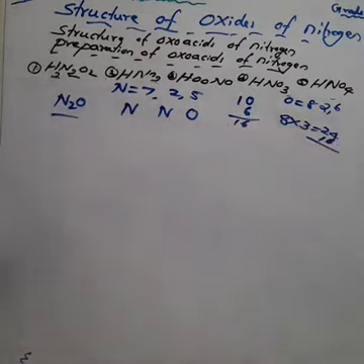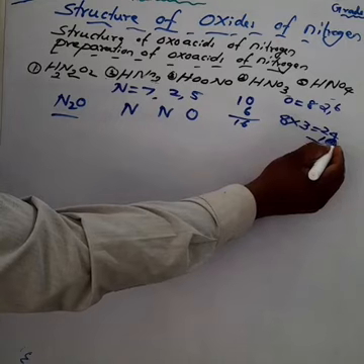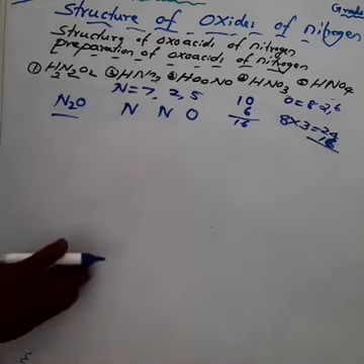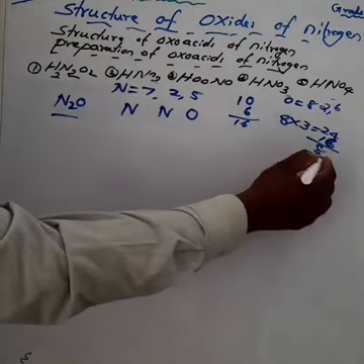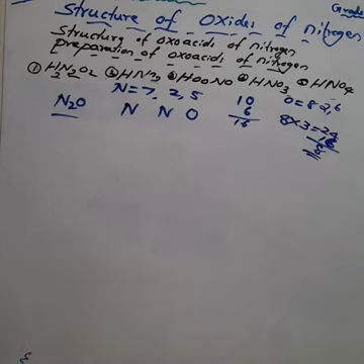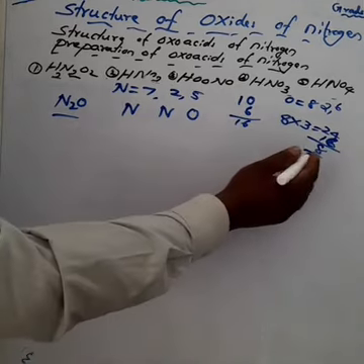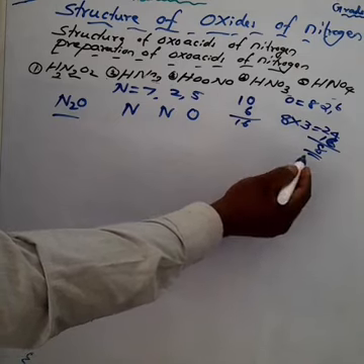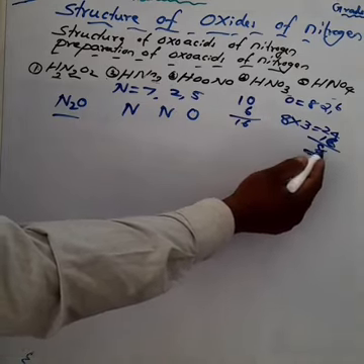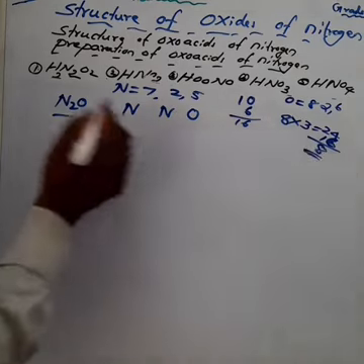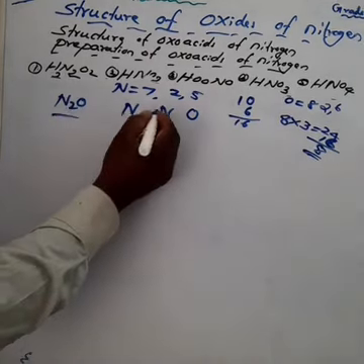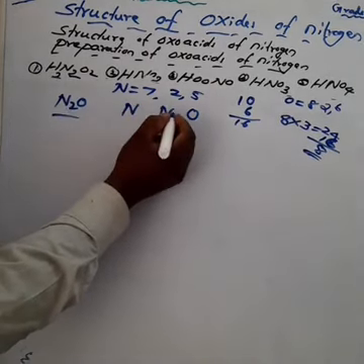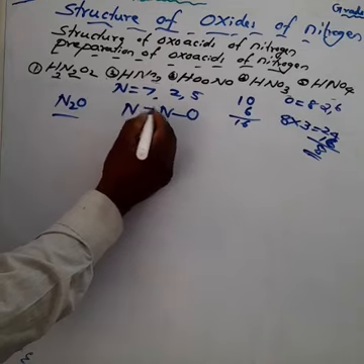So 24 minus 16 is equal to 8 electrons. Here 8 electrons means this is a shortage of electrons. For this shortage of electrons, first I am bonding here. Okay, bonding these 3 elements. One bond means 2 electrons needed.